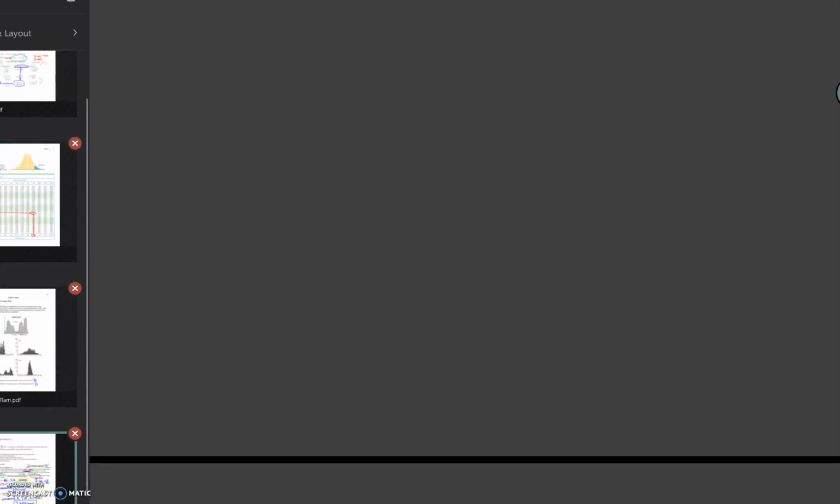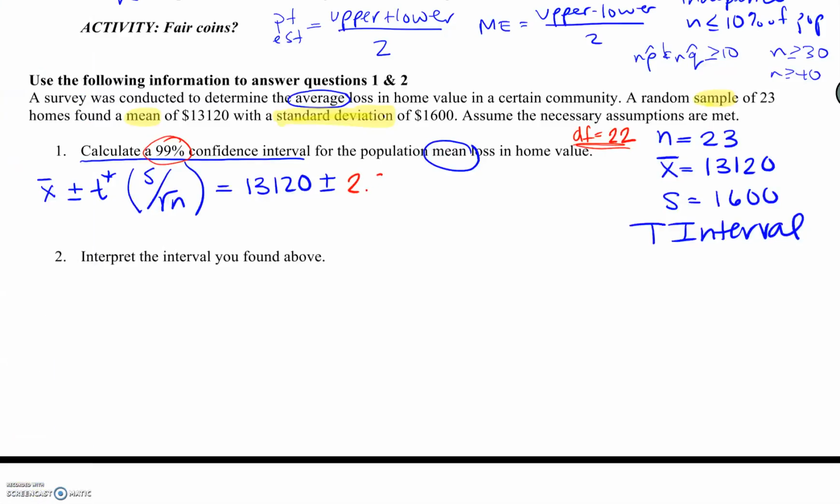So now that I have that value, I can come back here, 2.819, that was my T star. I can finish plugging into this equation. S is 1600 divided by the square root of 23. If you're doing this by hand, my sincere recommendation is that you do this margin of error calculation first.